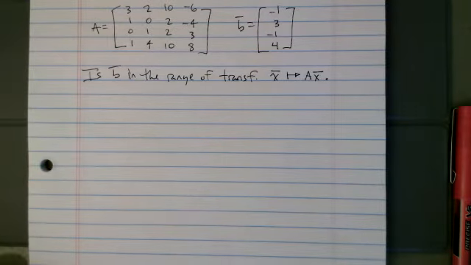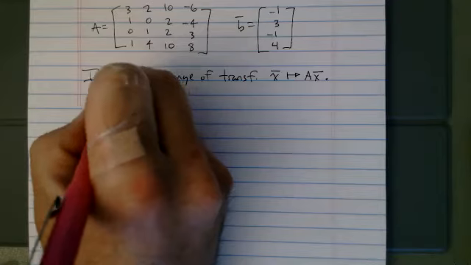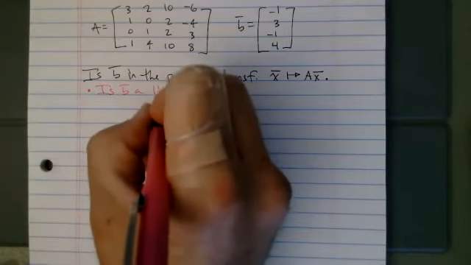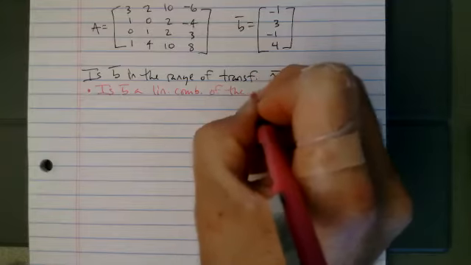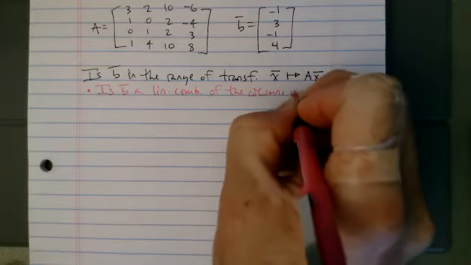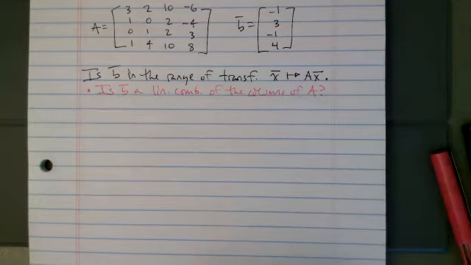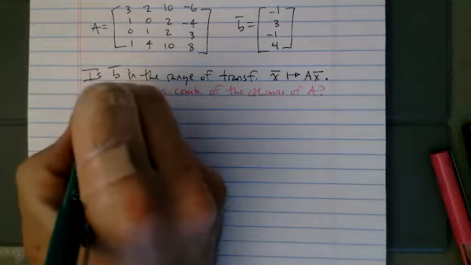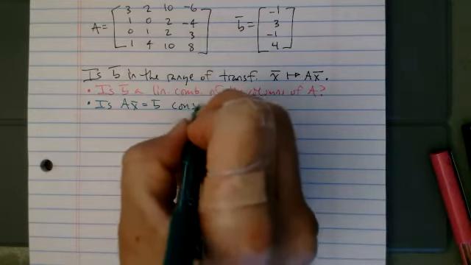So, alternate formulations of this question. Is B a linear combination of the columns of A? We could be asking a question in terms of equations: is AX equal B consistent?